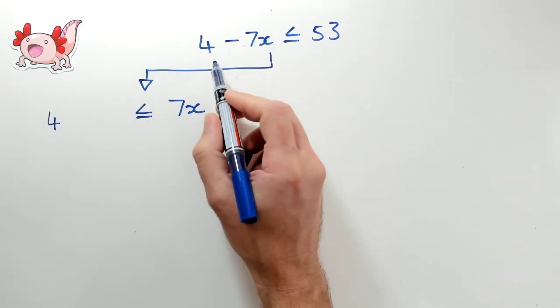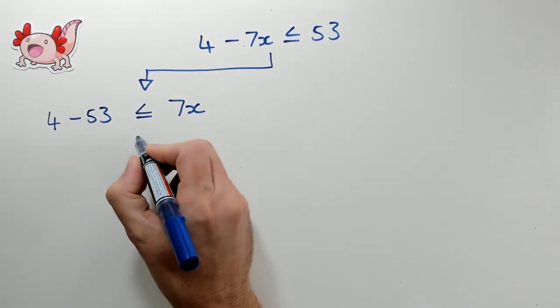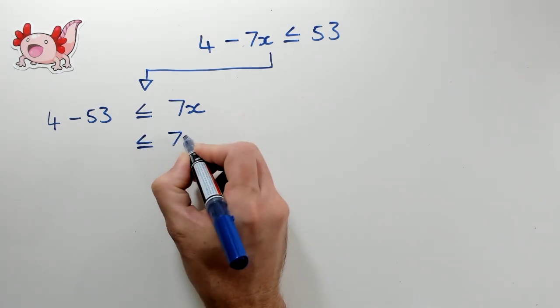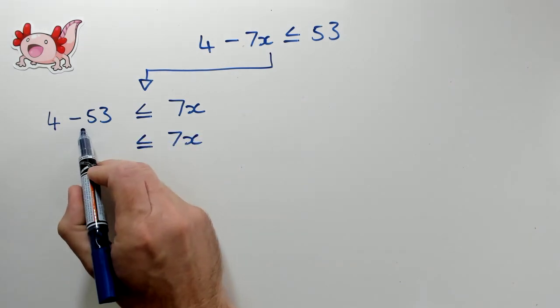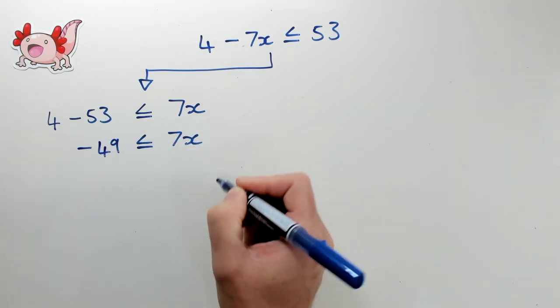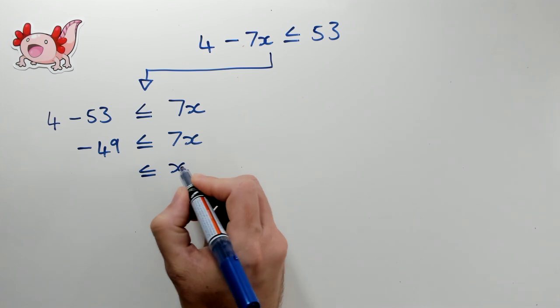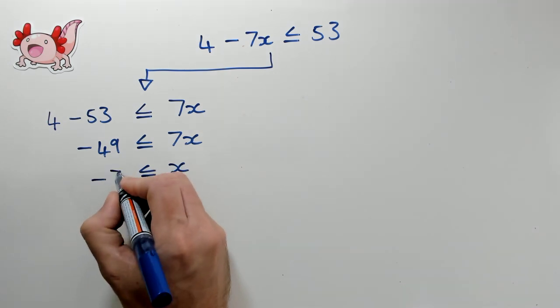Just write the 4 there. And this becomes a negative 53. So in this case, I have 7x, negative 53, plus 4 would be negative 49. And then I'm going to divide by 7 on both sides, and x would be greater than negative 7.